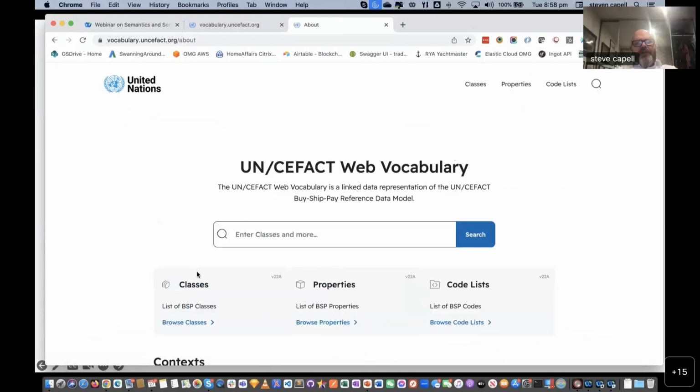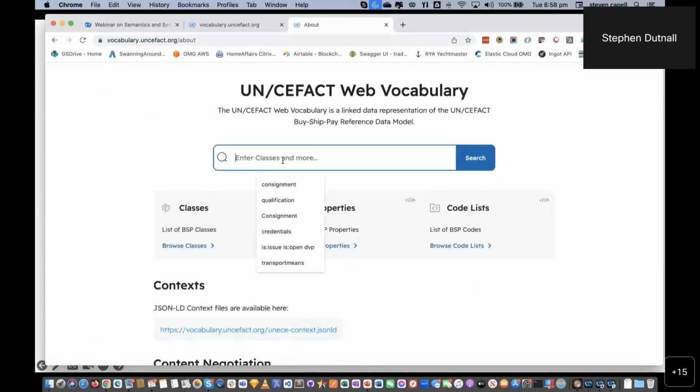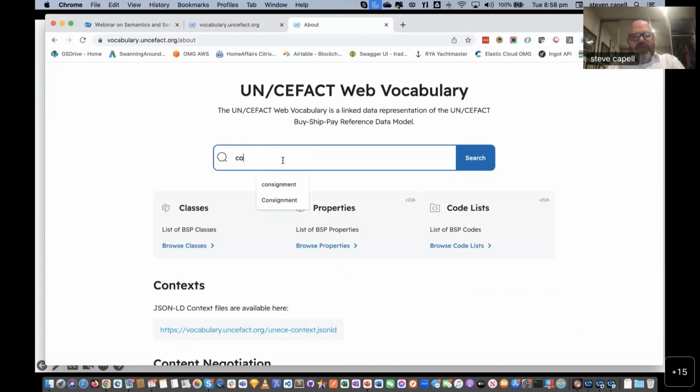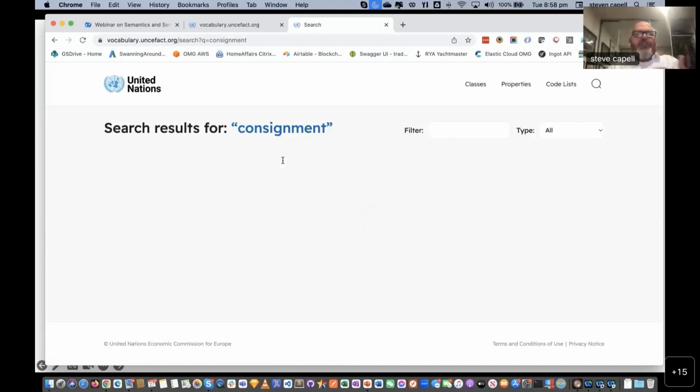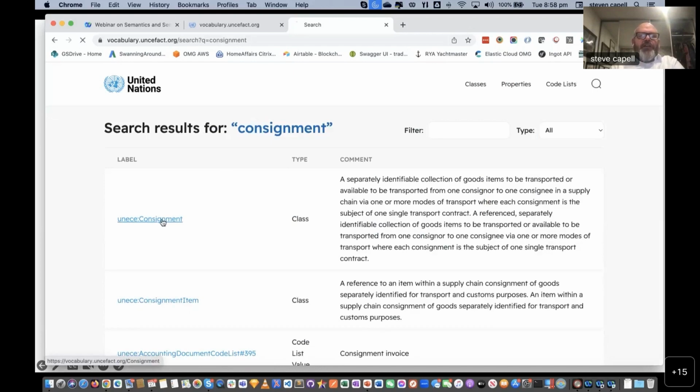Okay, so this is the web data vocabulary, and it extends on things like schema.org because it's addressing supply chain use cases. So we can look for things like consignment. It's got a search capability. Behind this HTML rendering is, of course, a JSON-LD linked vocabulary.